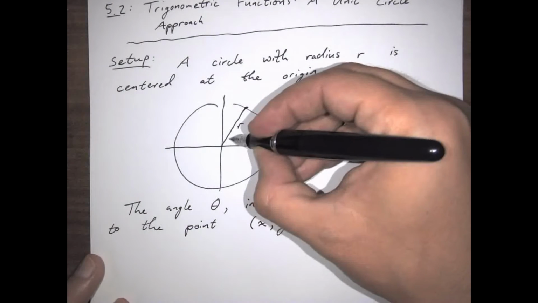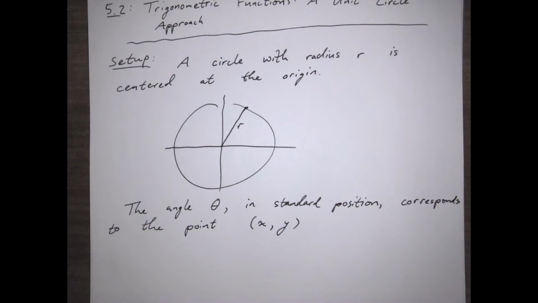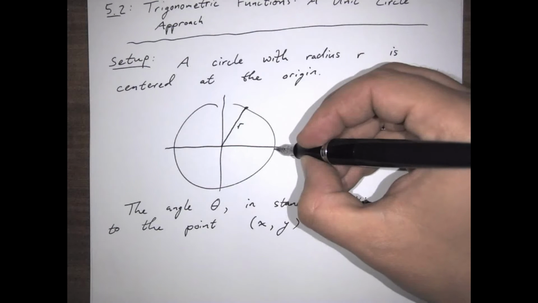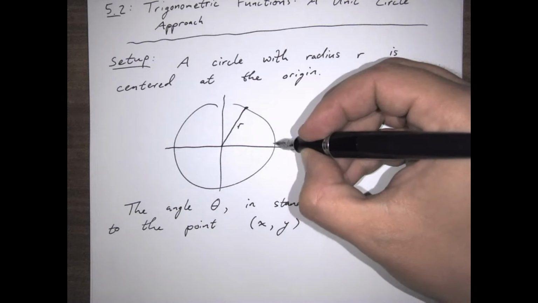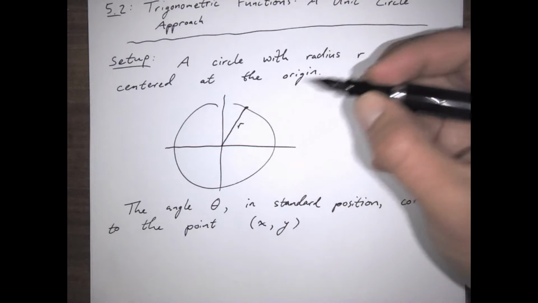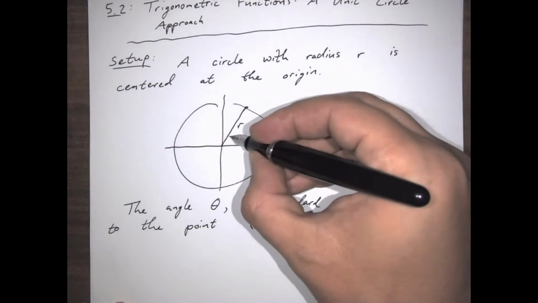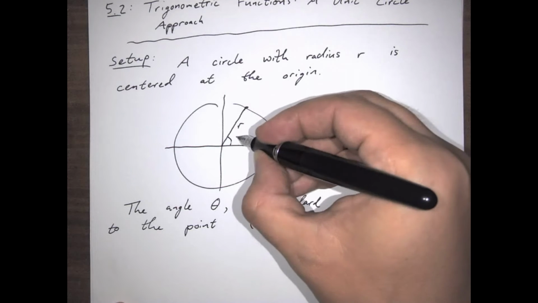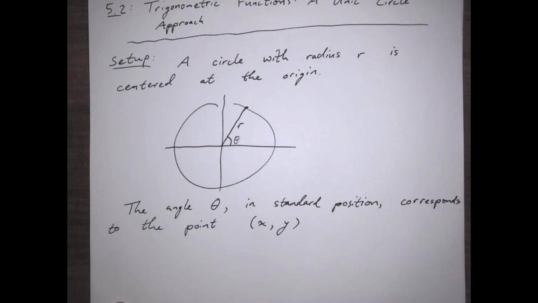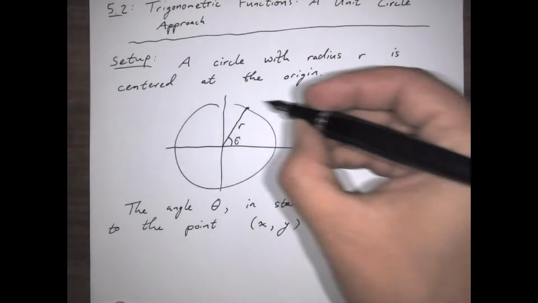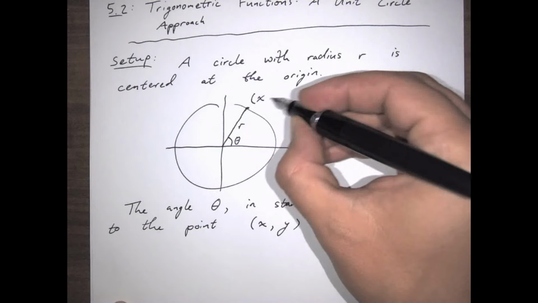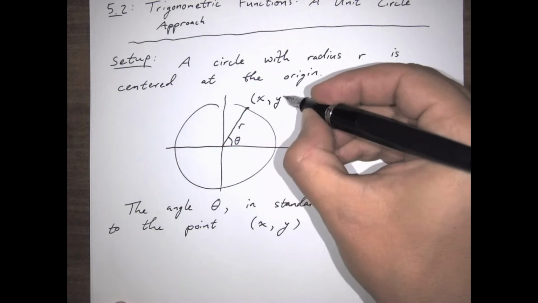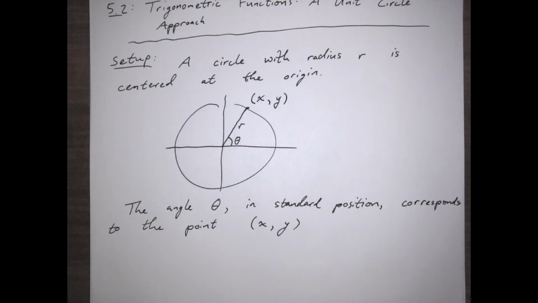So what we have here is an angle in standard position. Remember what that means. That means starting over here at the eastern side of the circle, we traverse it in a counterclockwise fashion, the sens trigonométrique. So there's theta, standard position, and the point that is along the outside of the circle here is going to be called x comma y, just so we have things to call them.